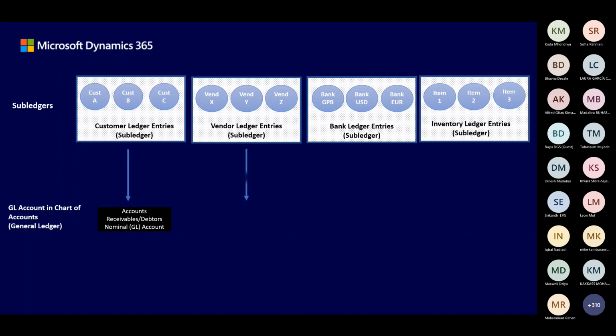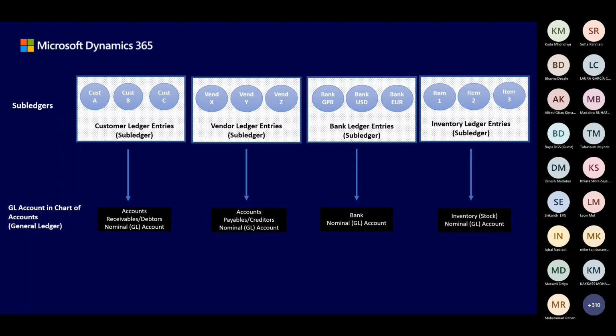So this means that the subledger totals should always reconcile to the GL accounts in the chart of accounts, because we're using this bridge. Okay.